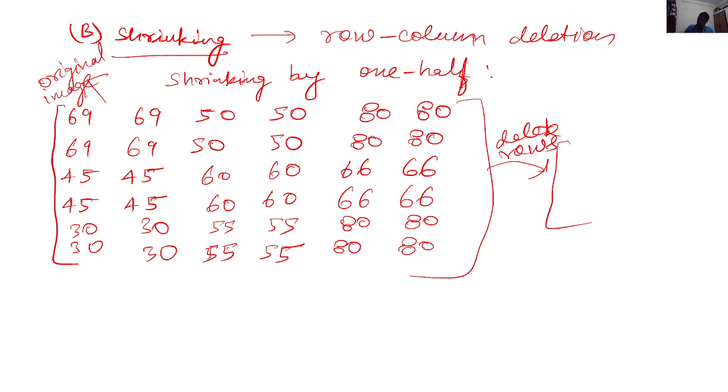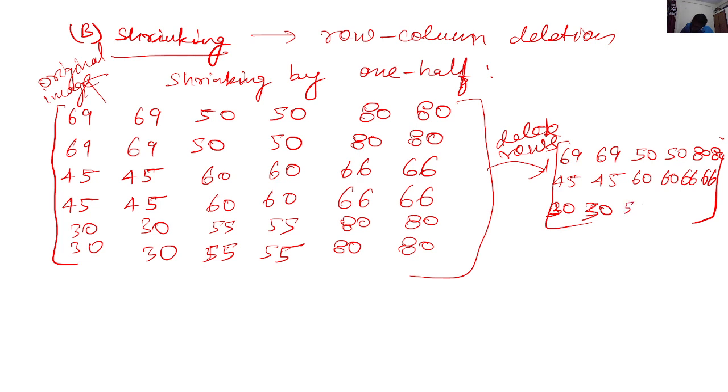So we delete each row in between. 69, 69, 50, 50, 80, 80, then 45, 45, 60, 60, 66, 66, and finally 30, 30, 55, 55, 80, 80.